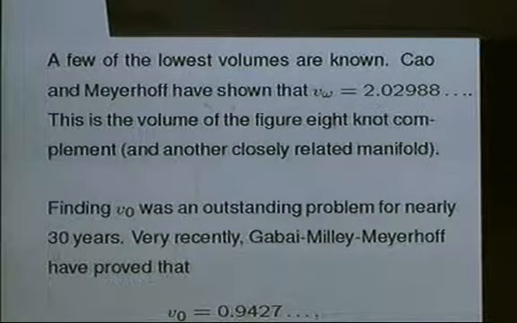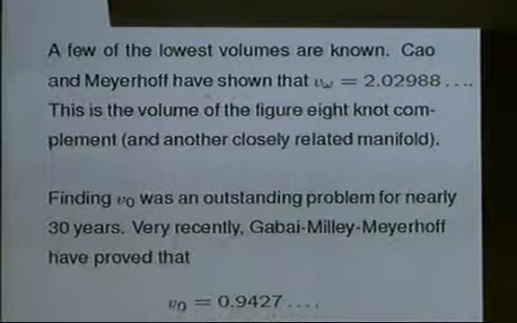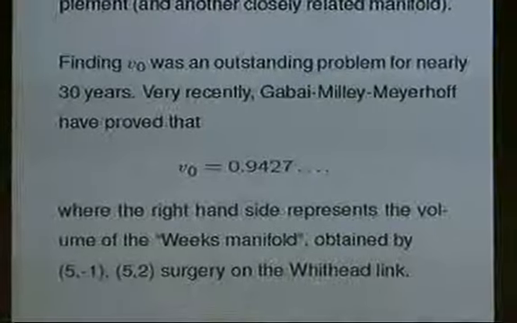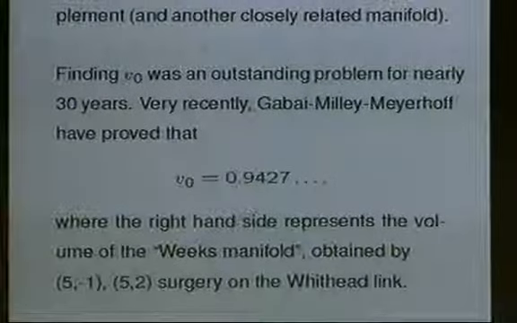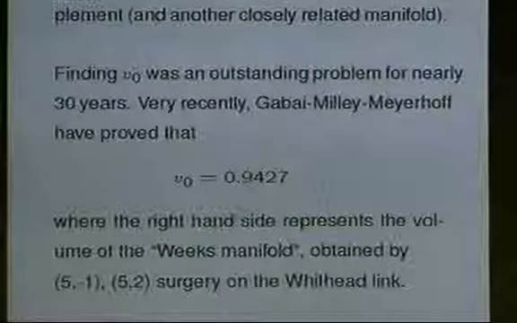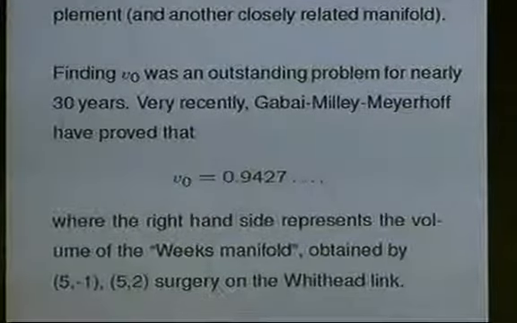Okay, so a very obvious question is, what is this lowest volume? And this was an open problem for many years. So from the early work of Thurston and work of Jeff Weeks from, say, the early 1980s, lots of volumes were computed, so lots of examples were known.